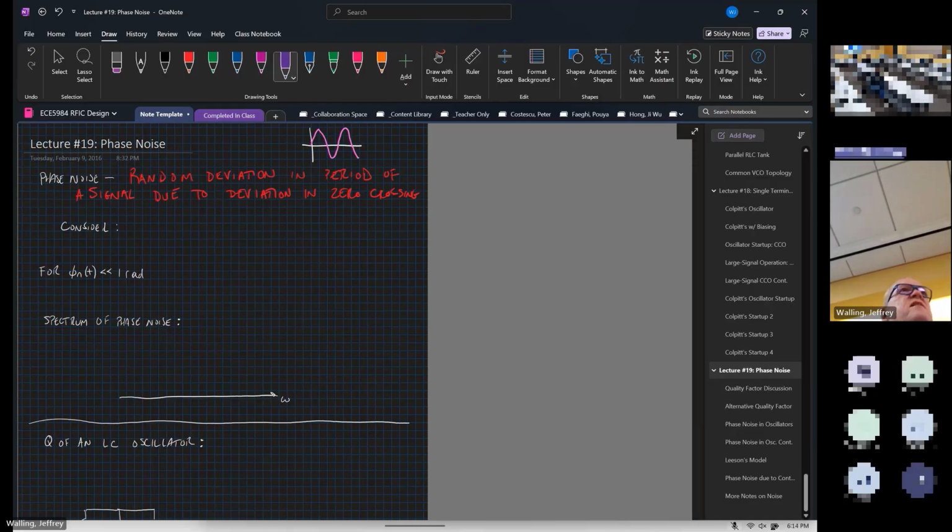Now, ideally, every period of the sine wave is identical to every other period of the sine wave. In other words, I could just chop the sine wave into one period chunks, line them up on top of one another, and I would see a perfect sine wave. What do I see in reality if I do something like that? I'm going to see a cloud of uncertainty.